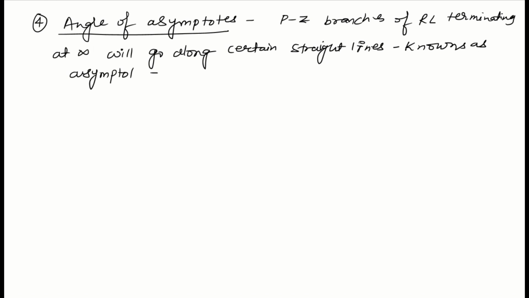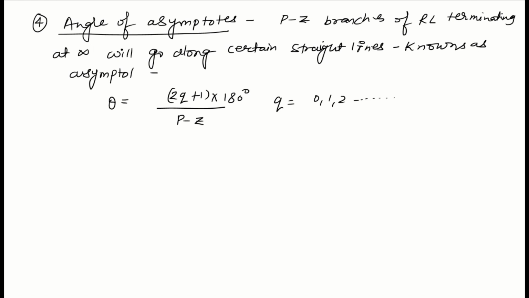Now to calculate these asymptotes, we will calculate the angle at which they originate. The angle of asymptote theta is given as (2q plus 1) multiplied by 180 degrees divided by p minus z, where q is an integer starting from 0, 1, 2, 3 and so on.